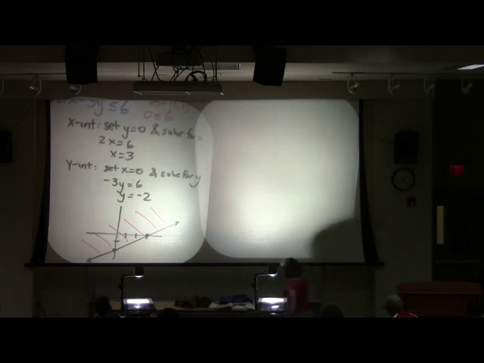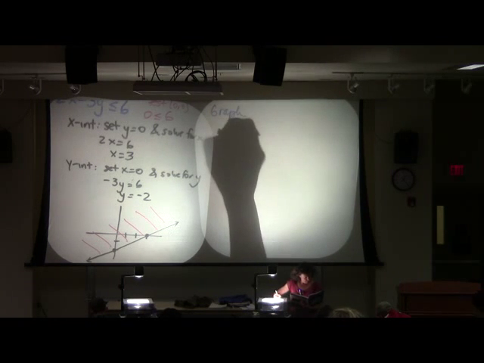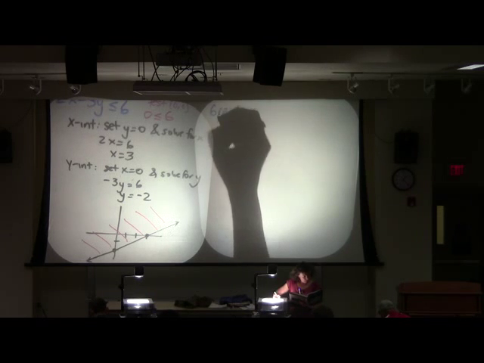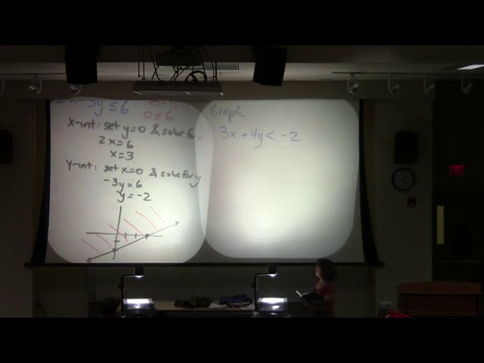All right. Let's do this guy. What if I want us to graph how about 3x plus 4y is less than negative 2? Again, I am going to use intercepts to graph this guy.